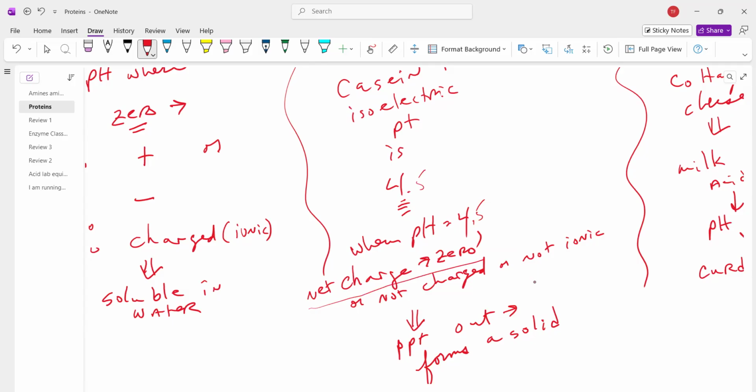Hence, the protein solidifies out because it's nonpolar now in a polar solvent. So what happens? Solidifies out.